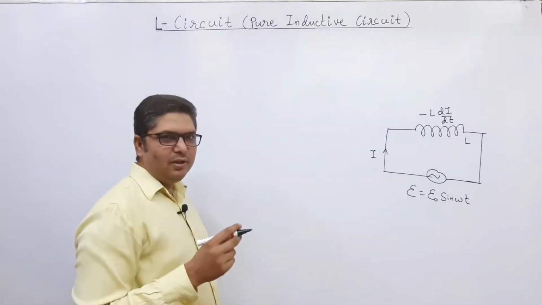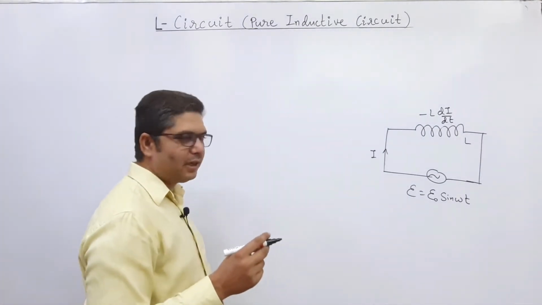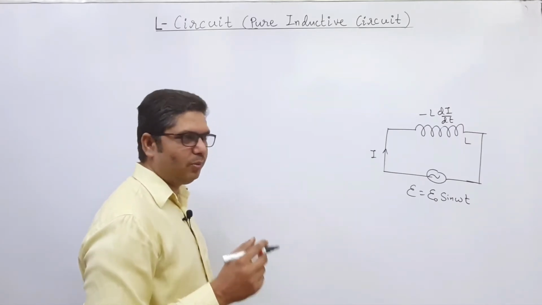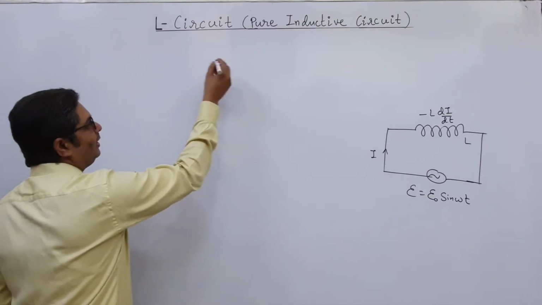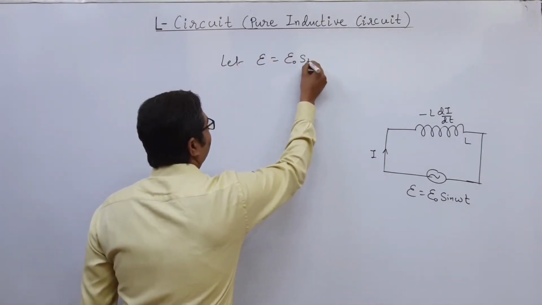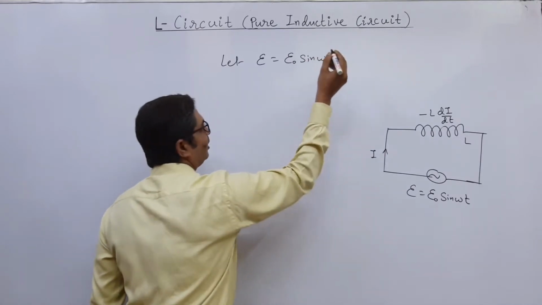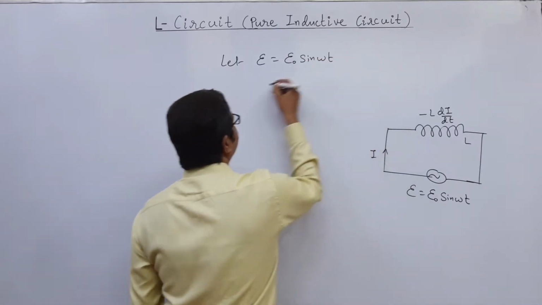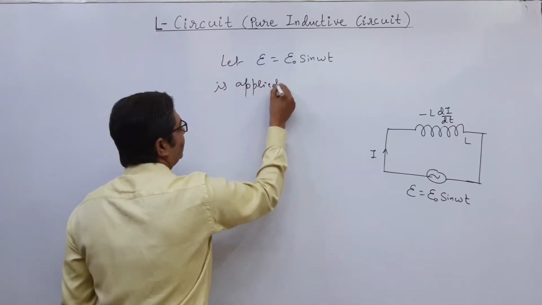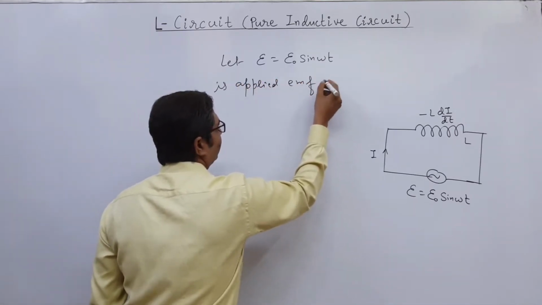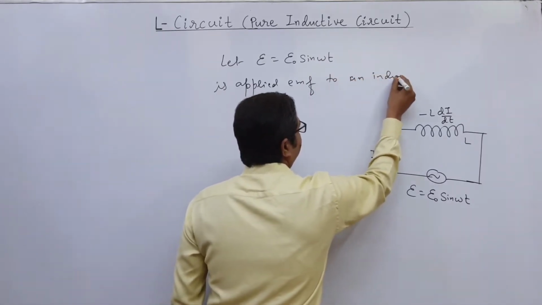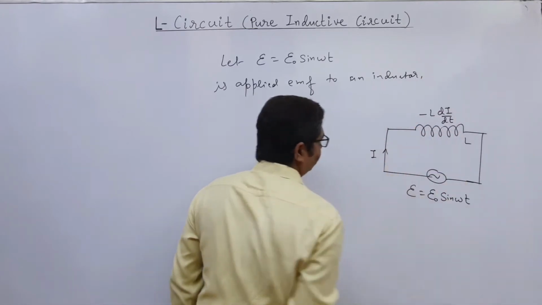So what we have done, we have taken an inductor and applied an alternating EMF E equals E naught sin omega t. So we write, let E equals E naught sin omega t be the applied EMF to an inductor.